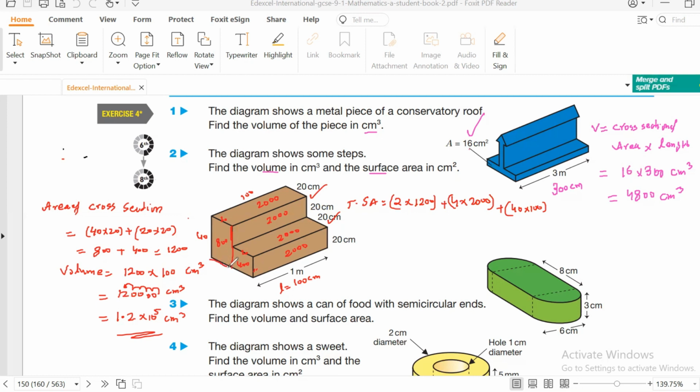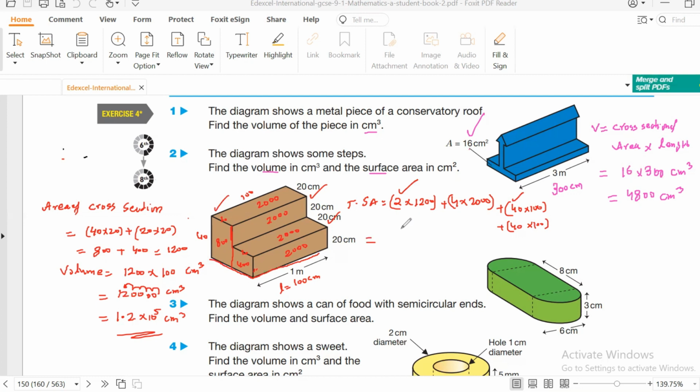The bottom. For the bottom we have full length 20 plus 20, 40, and this side is 100, so again 40 into 100. I hope so. I add all the lengths: bottom done, front and right side done, which I multiply by 2, back side done, and we write it all. All faces are done.